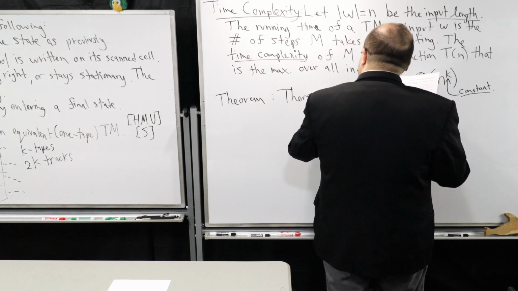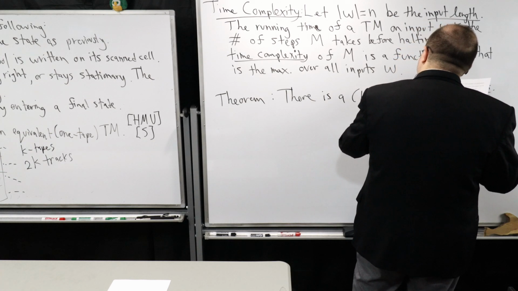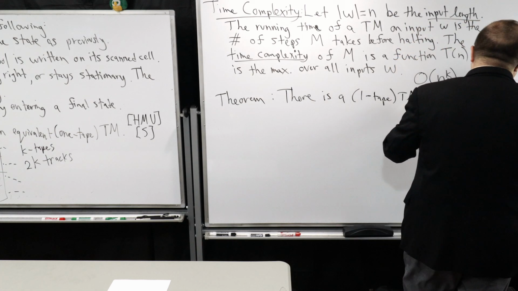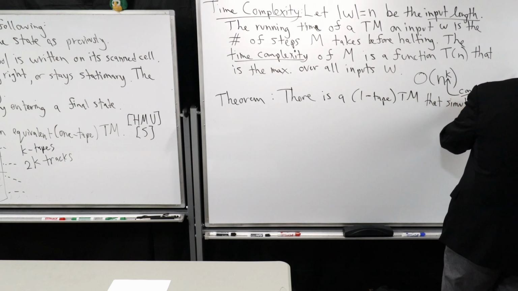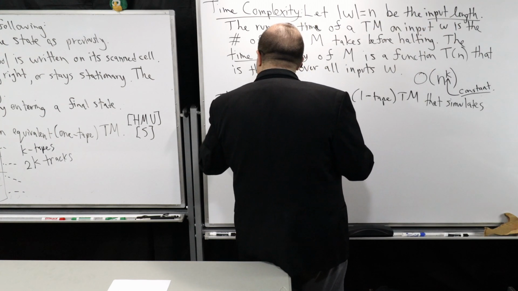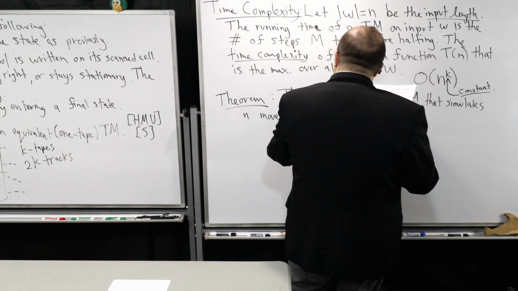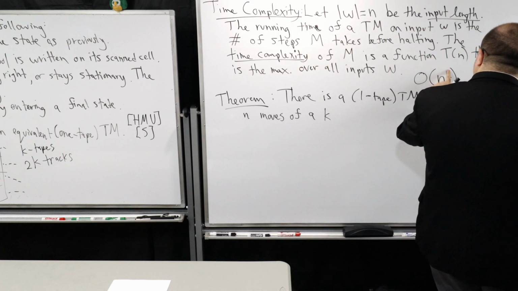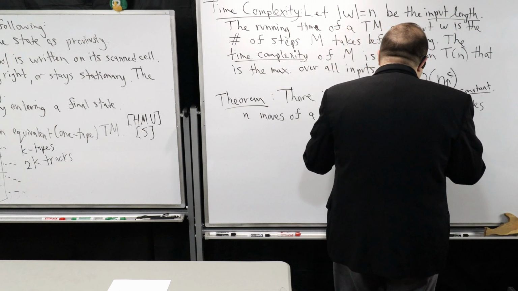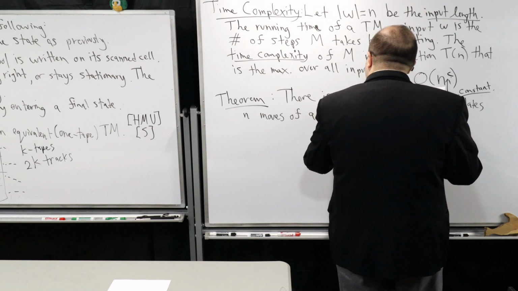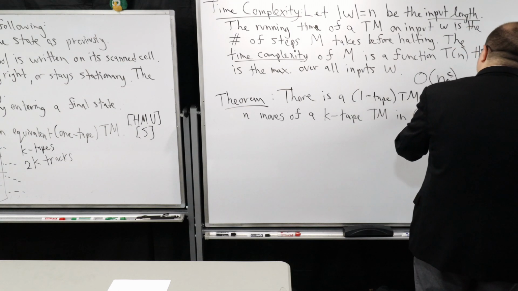There is, just to be clear, a one-tape Turing machine that simulates n moves of a k-tape Turing machine. Keep in mind, this k is not that k. It may as well be some other constant like c. It does this in big O of n squared time.